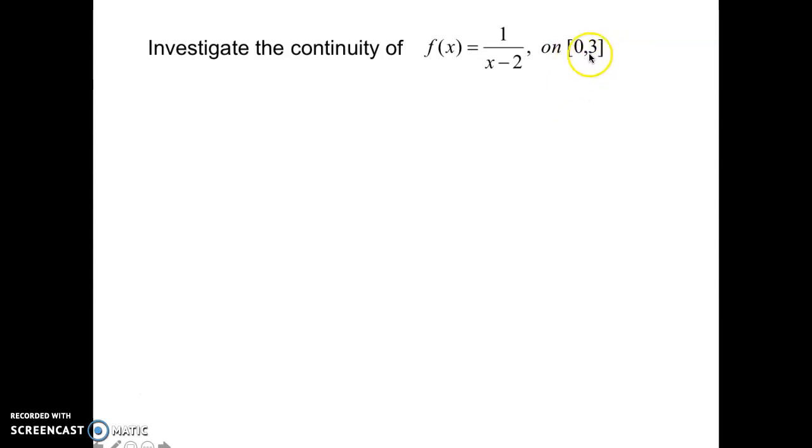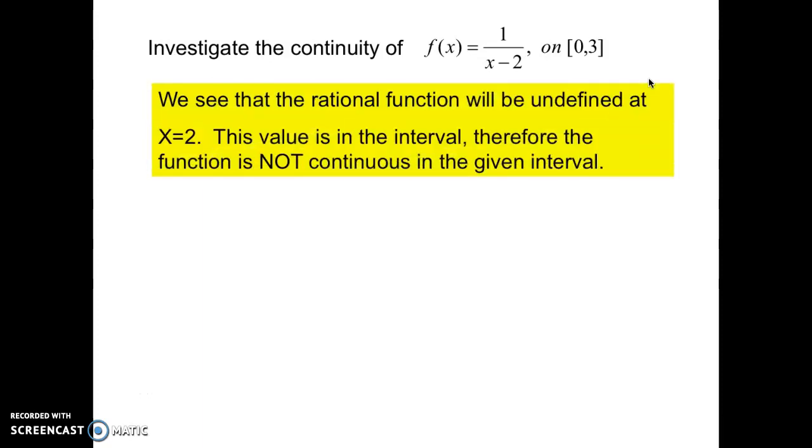Now, if we were looking at a domain that didn't include x equals 2, we could say the function is continuous on that domain. However, in this case, 2 is in the domain, and we know there probably will be a vertical asymptote there. There actually is a vertical asymptote there. So we see the rational function will be undefined at x equals 2, and this value is in the interval.